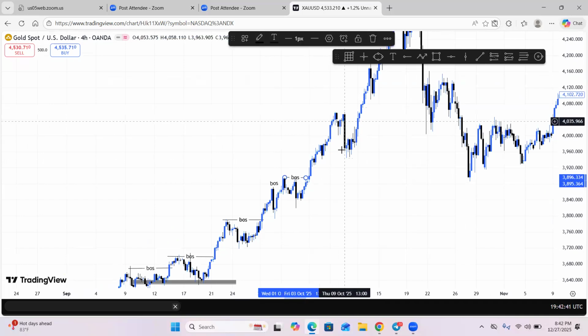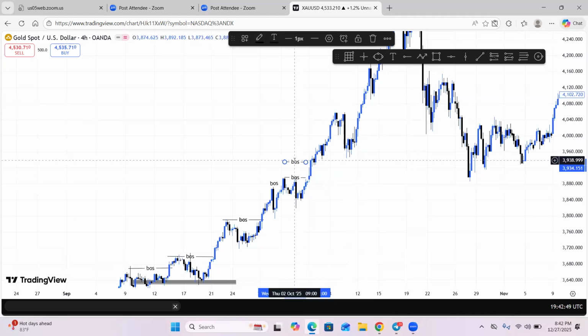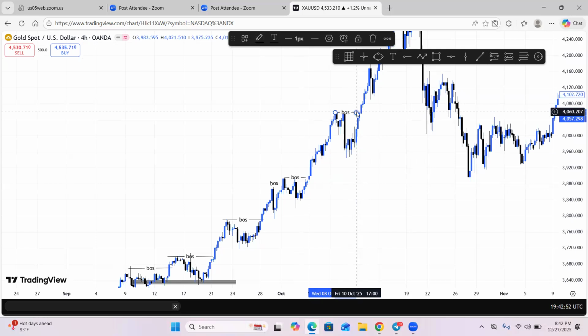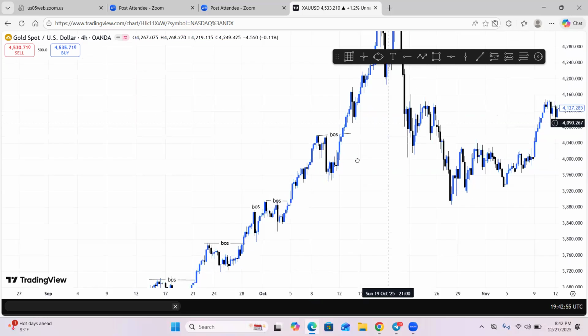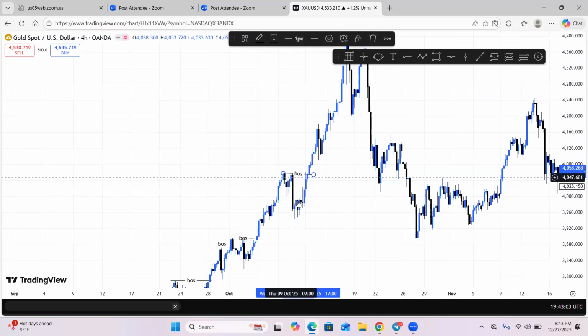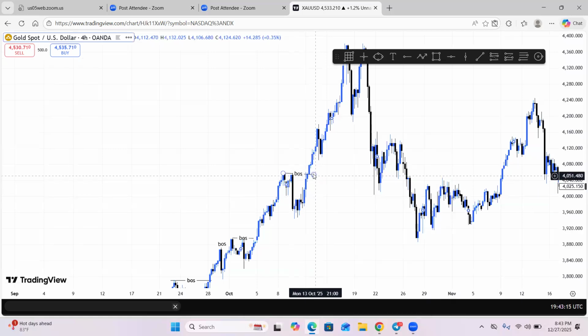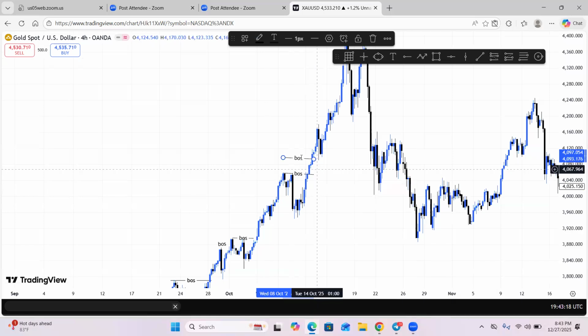It kept moving to the upside. It retraced again. It moved, giving us another break of structure. After giving us this break of structure, it cleared it a bit. There's a small retracement before price moves again. As long as there's a retracement and price comes back to clear that retracement, we have another break of structure.